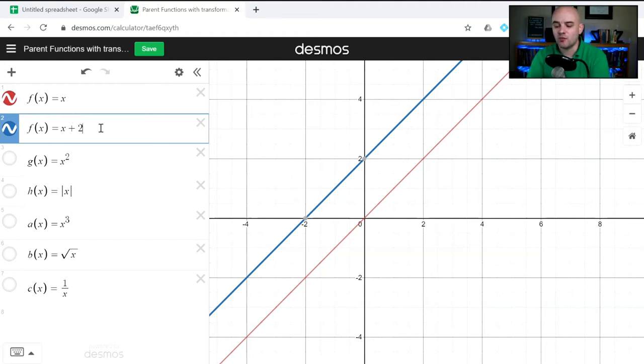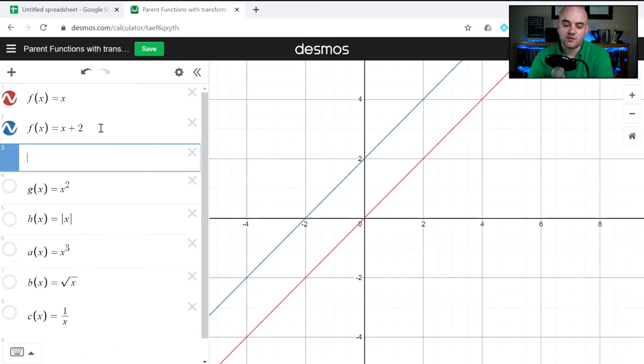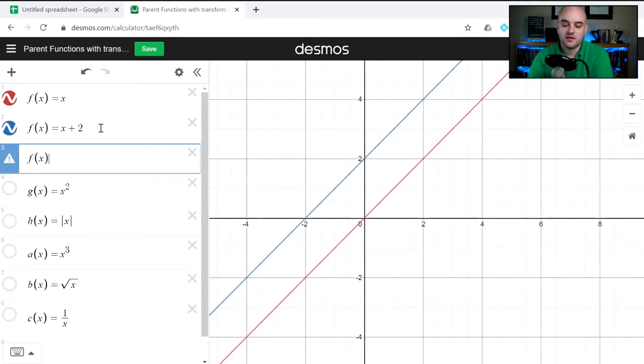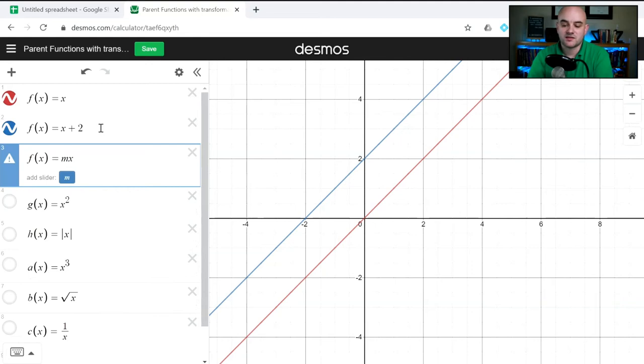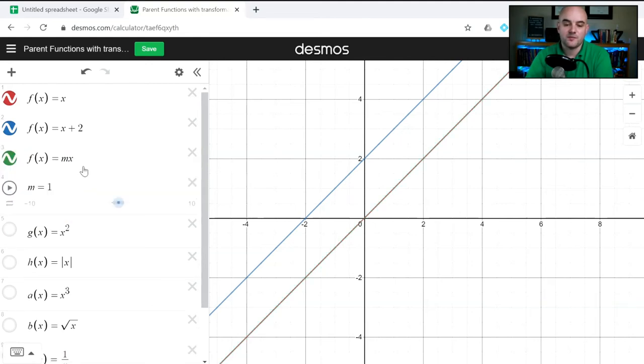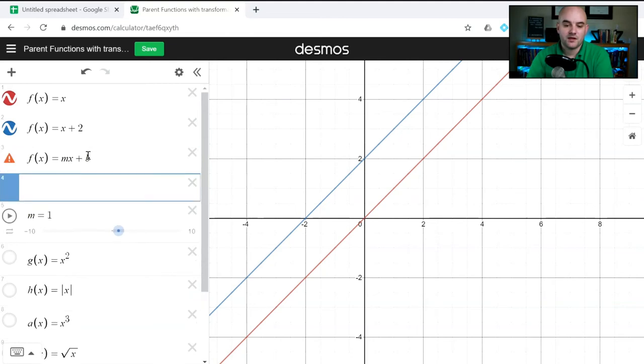Let's do one more and include some sliders. So f of x is equal to mx plus b. Let's add a slider for m here. I'll see if it allows me to do b as a slider.